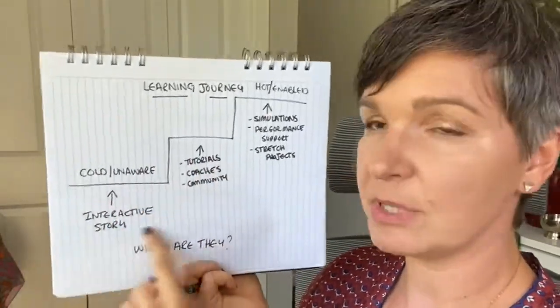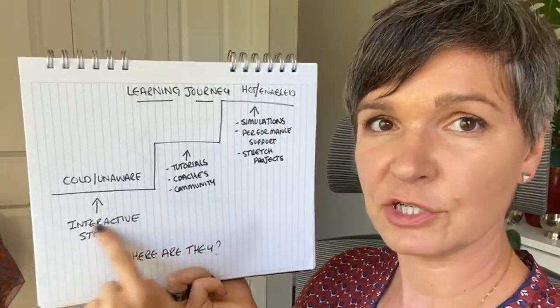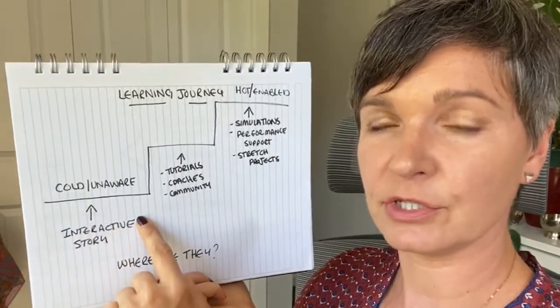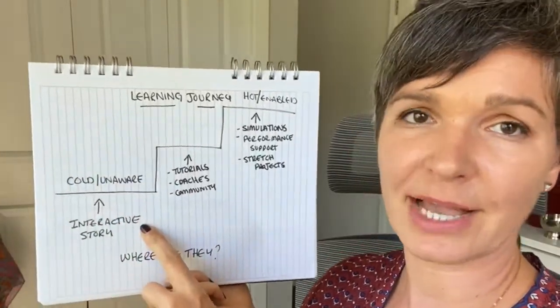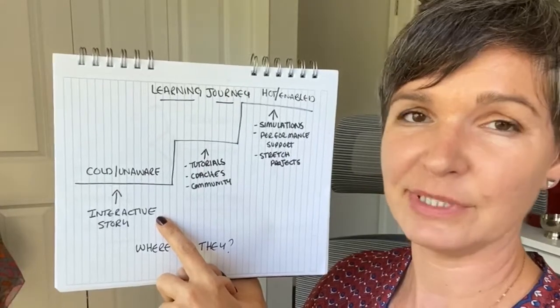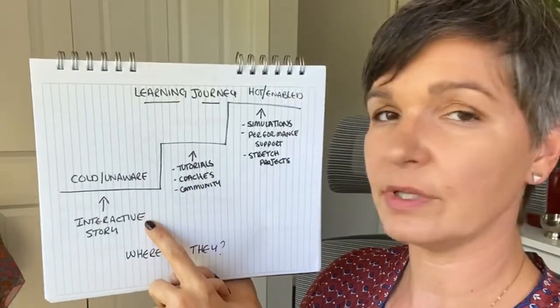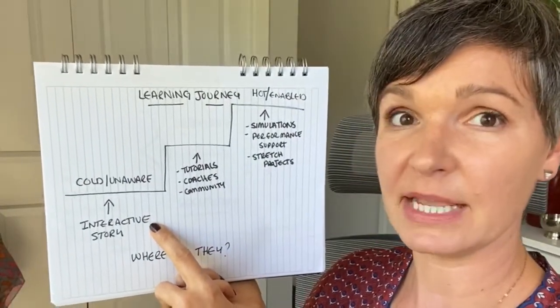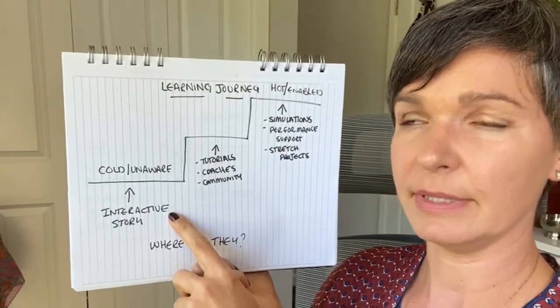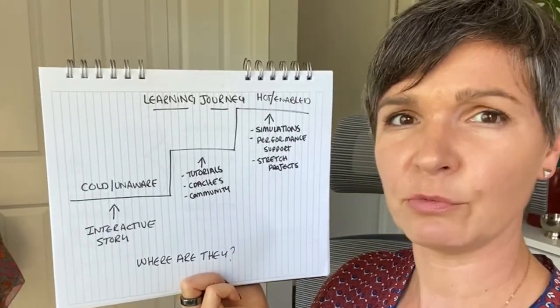If you try to teach people how to do something in the interactive story, you're probably going to turn them off because they're like, why are you teaching me this? I already know this. I don't need to know that. So your goal is to have them have as many aha moments as possible. They'll think, oh, I wonder if that would work for me.